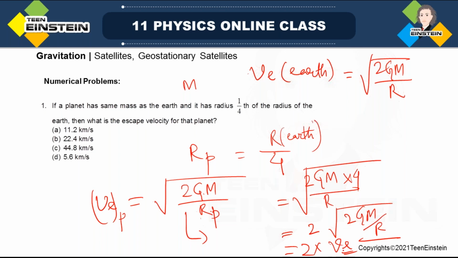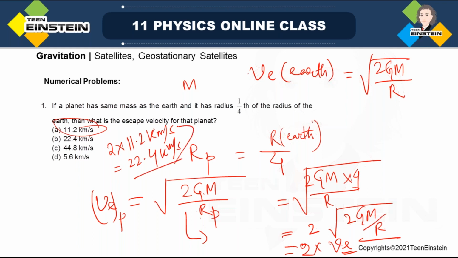So then this planet has an escape velocity twice that of the earth. So earth has how much? 11.2 kilometer per second. So this particular planet has escape velocity twice that, which will give you 22.4 kilometer per second.